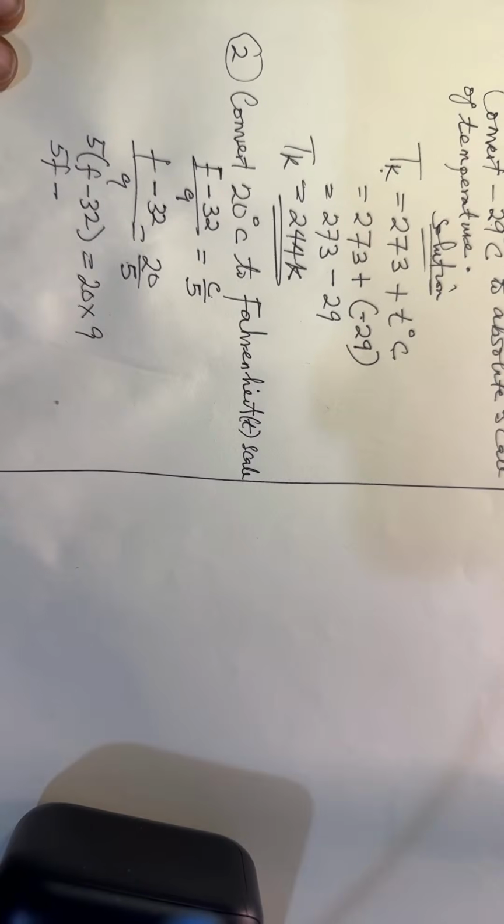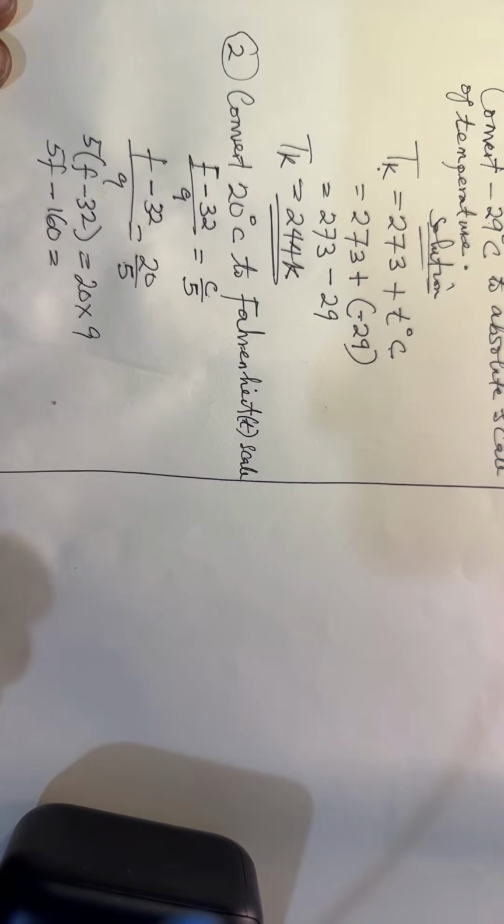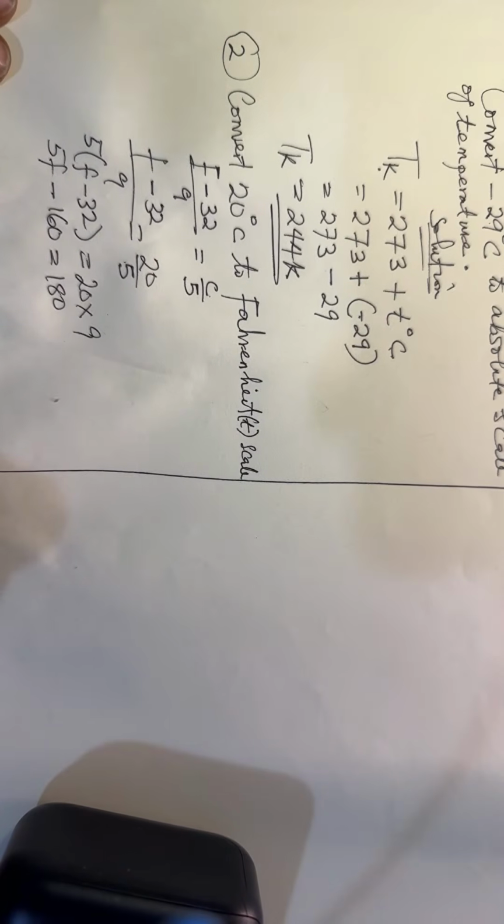What is 5 times 32? Good, 160. That's correct. What about 20 times 9? Please, let's work together tonight. You have to be very responsive. I'm thinking 9 times 2 is 18, so that will be 180. Is that correct? Okay, somebody is saying 180 already. Good.